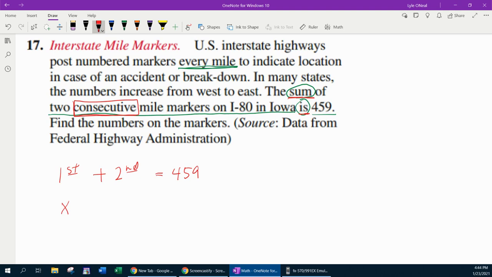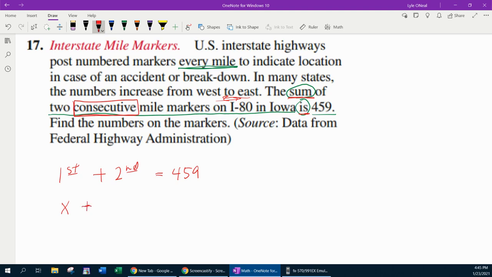And it does not tell me whether I'm going east to west or west to east. That's not actually given in this problem. So that means we're going to have a little bit of freedom, I guess you could say, as far as how to algebraically establish the second mile marker.